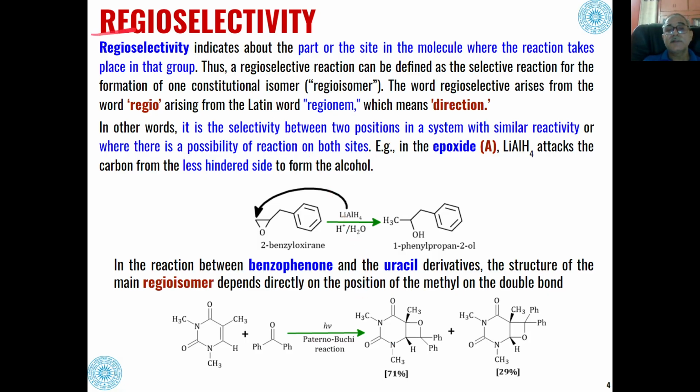The next is regioselectivity. Regioselectivity indicates the part or the site in the molecule where the reaction takes place. Regio means the region or the direction.